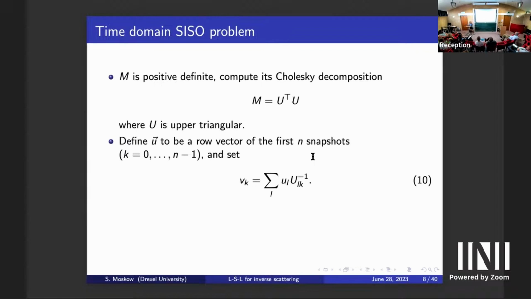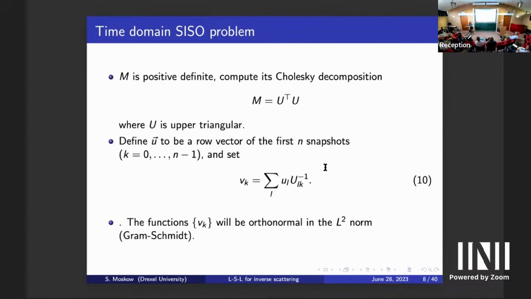Either way, I want to think about it. Then if I take the L and the inverse of U from the Cholesky decomposition and transform the snapshots, the result will be orthonormal in the L2 norm. And that's simply the Gram-Schmidt algorithm.